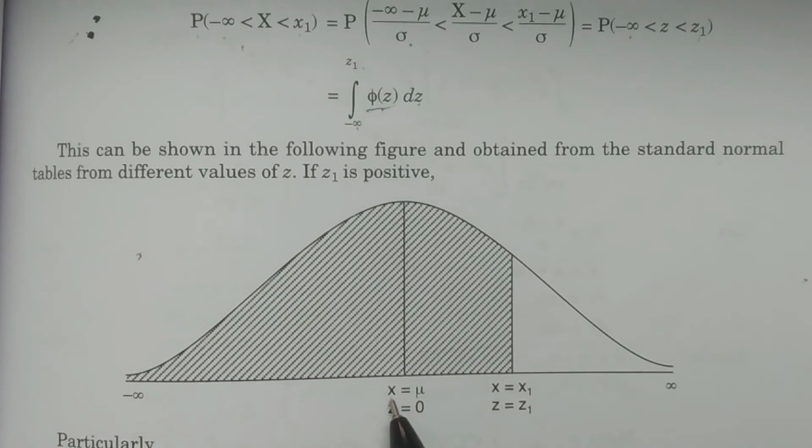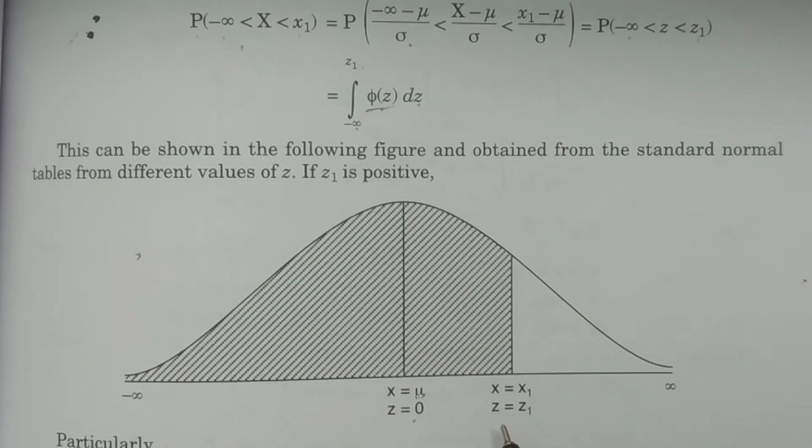For example, x is equal to mu, which means the standard normal variate z is equal to 0. If x is mu, then z is 0. If x is x1, then the standard normal variate z is, let us consider, z1, equal to x1 minus mu by sigma.